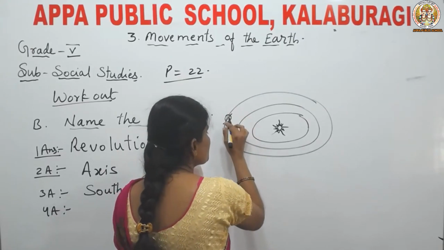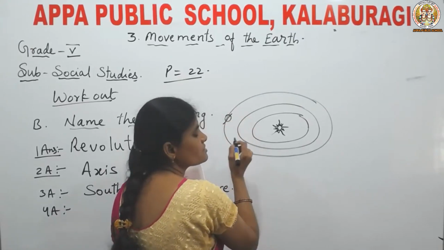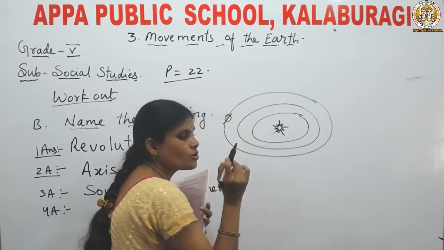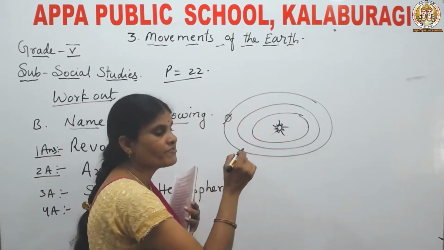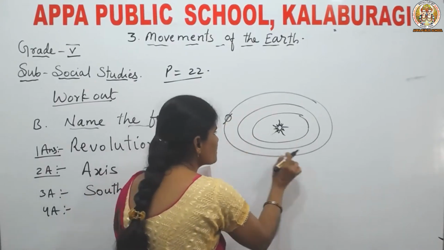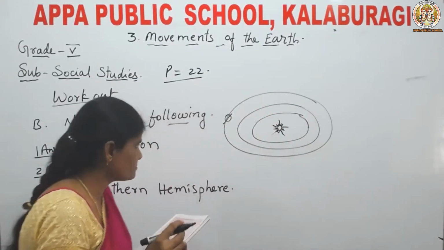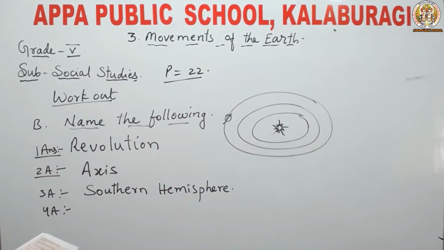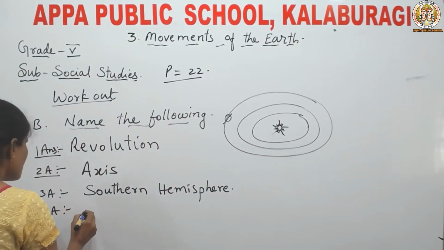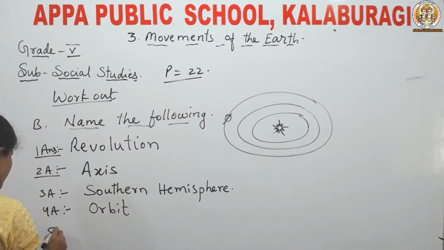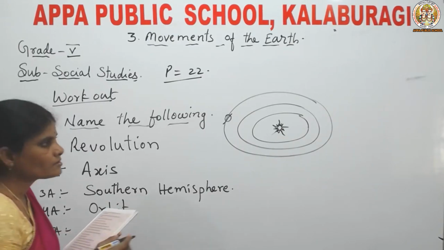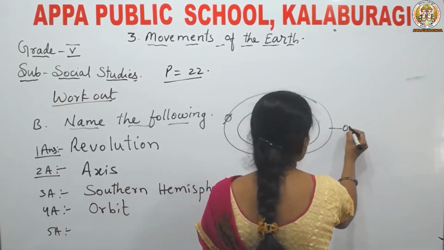Here the Earth rotates on its own axis. While rotating on its own axis, the Earth revolves around the sun in a fixed path. This path is called orbit. Fourth one is orbit.